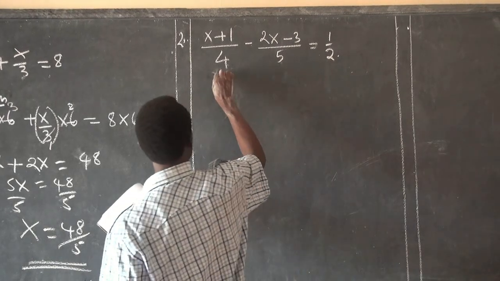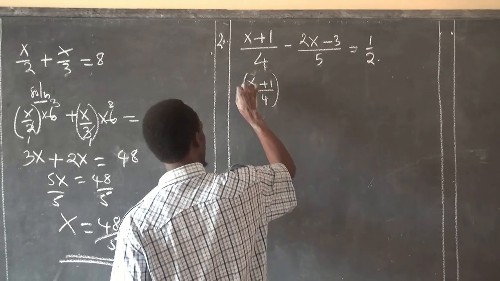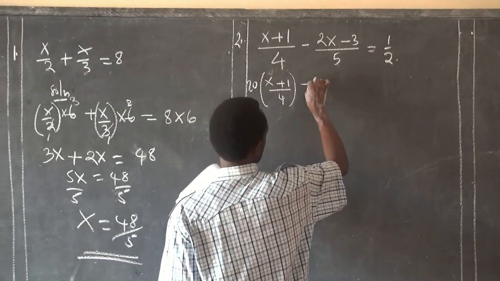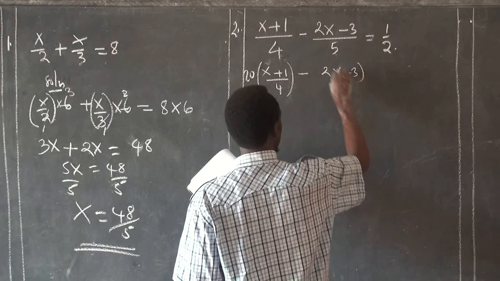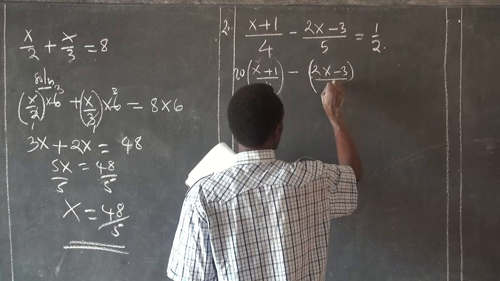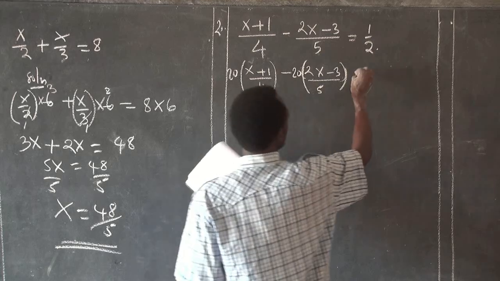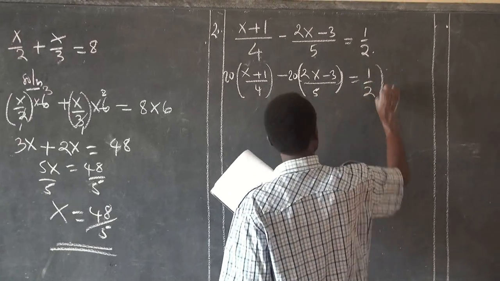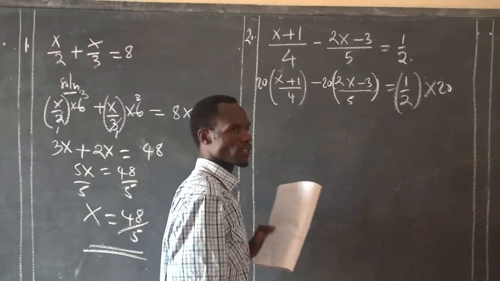Now you take (x plus 1) over 4 and multiply by the LCM, which is 20. Minus (2x minus 3) over 5, multiplied by the LCM, 20. Is equal to 1 over 2, multiplied by the LCM of the denominators, 20.